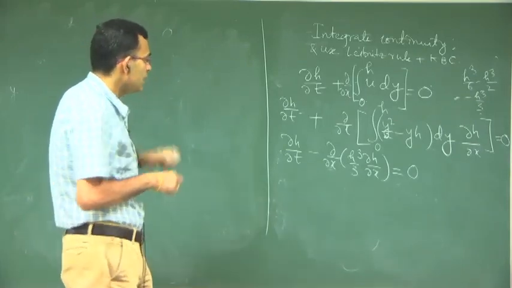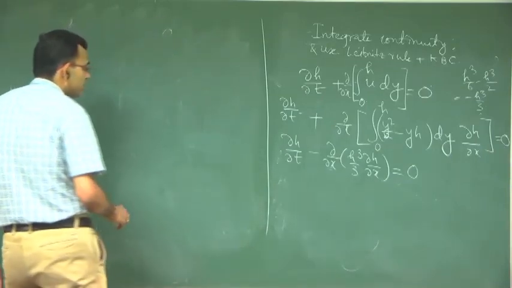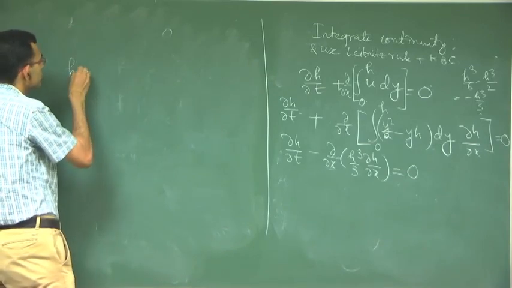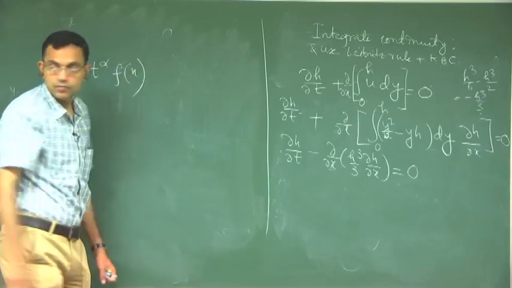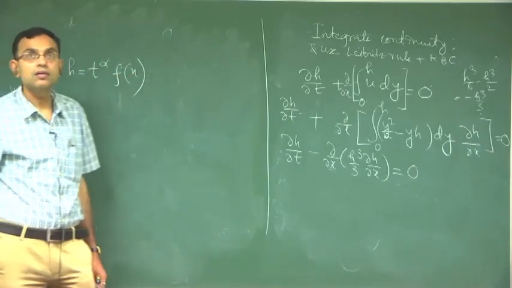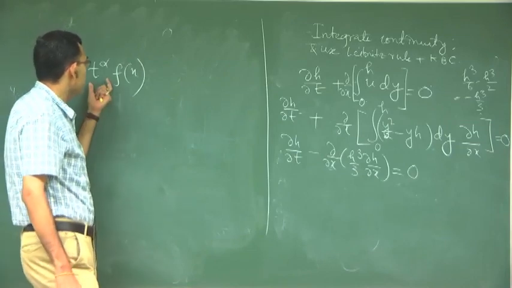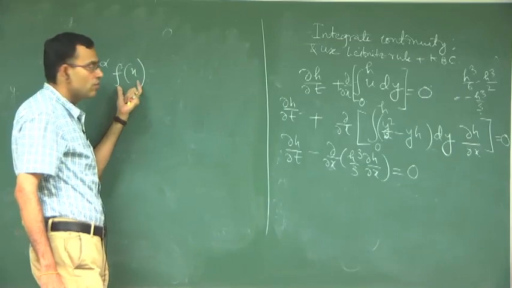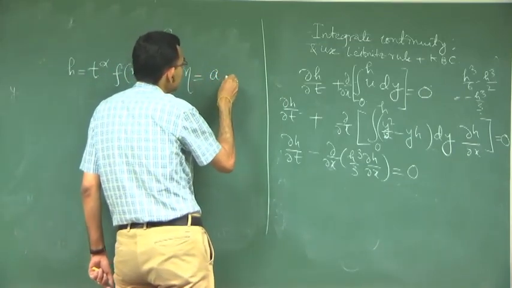So, in this case we define h is equal to t to the power alpha into a function of eta, where eta is defined as.